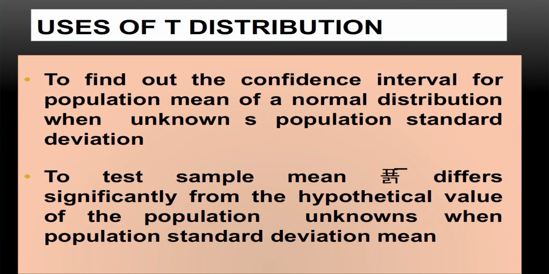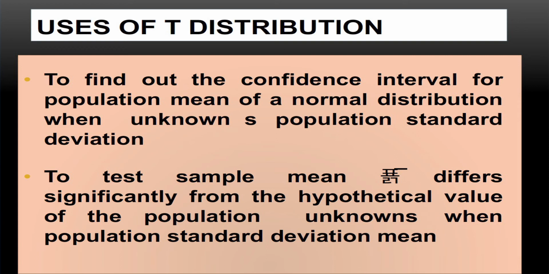Let us see some of the uses of t distribution. 1. T distribution is used to find out the confidence interval for population mean of a normal distribution when the population standard deviation is unknown.